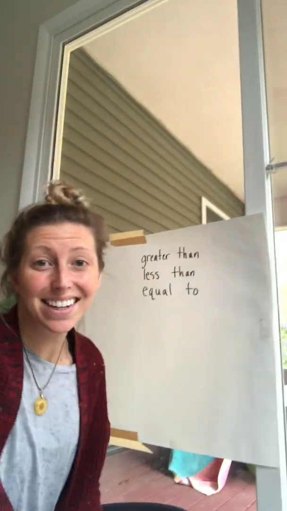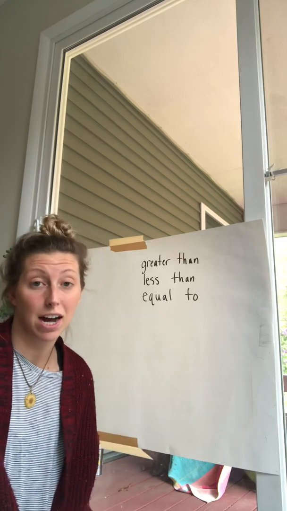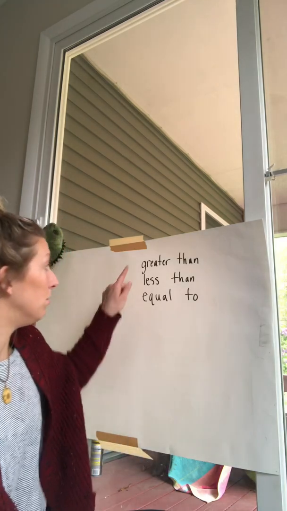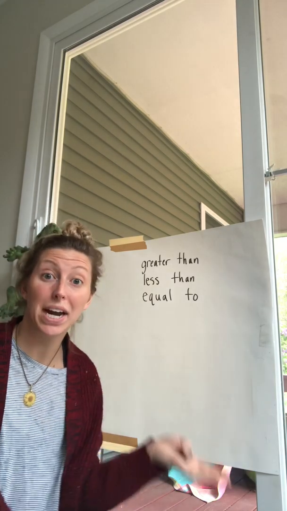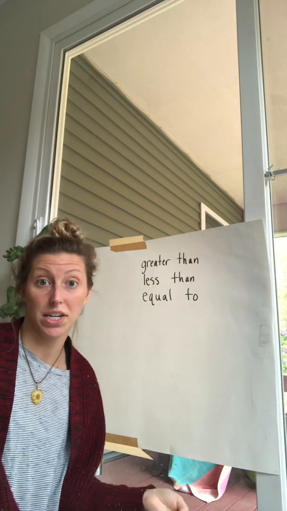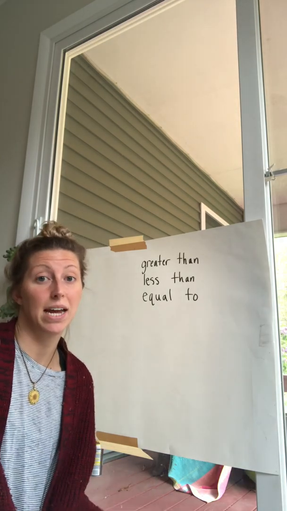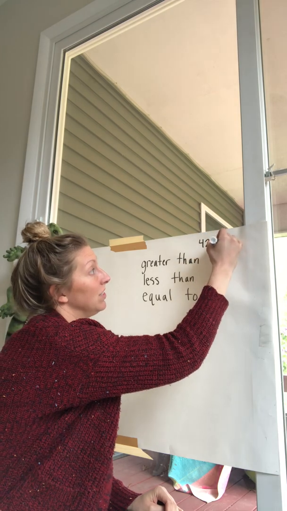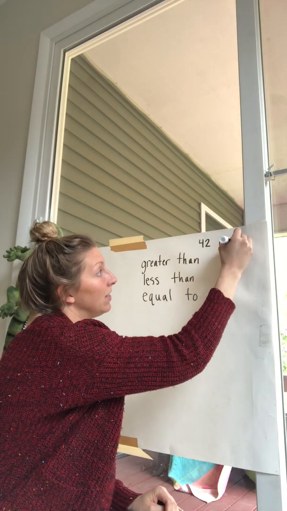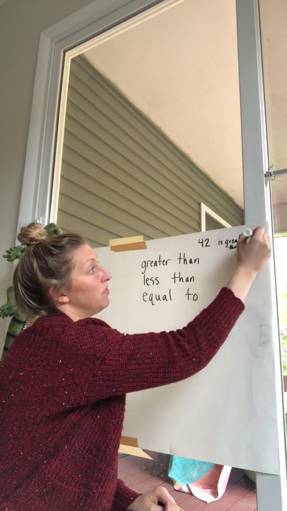First grade. Last week we introduced a little bit of greater than, less than, and equal to, right? And so we were comparing the quantity of numbers. So if it was greater than, last week we said 42 is greater than 15, right?